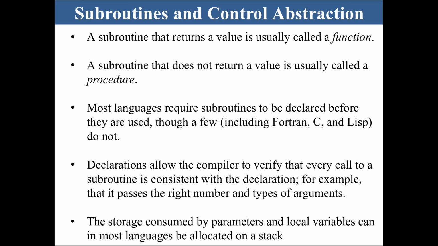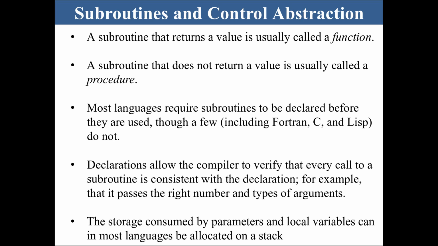A subroutine that returns a value is usually called a function, and a subroutine that doesn't return a value is called a procedure. In some languages, functions and procedures are treated in the same sense, and most languages require subroutines to be declared before they are used. But a few languages such as C, Fortran, Lisp, etc. don't require the early declaration.